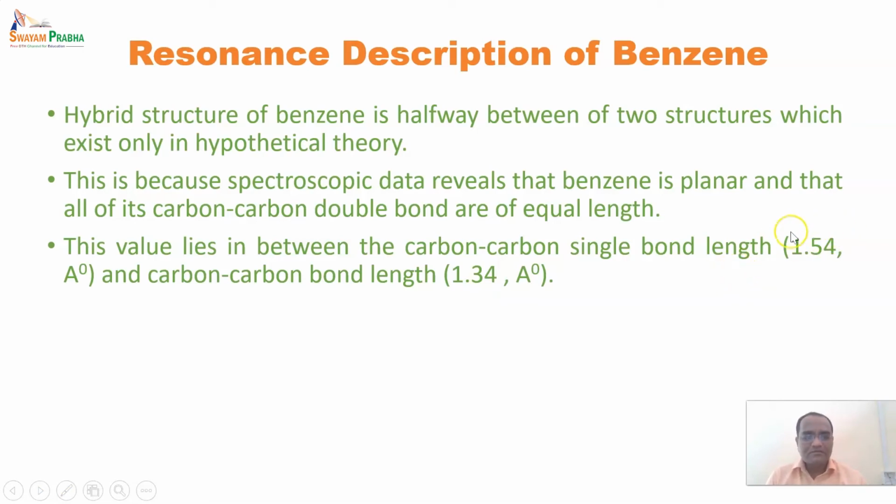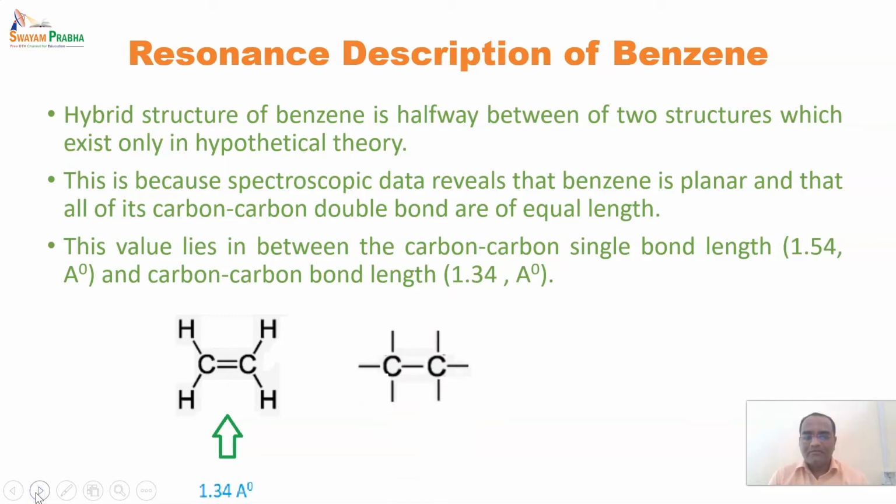So a carbon-carbon single bond is 1.54 angstrom, and a carbon-carbon double bond is 1.34 angstrom. But the spectroscopic data reveals that the length between each of the carbons of benzene is the same.